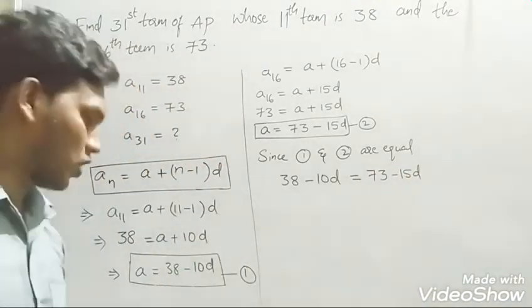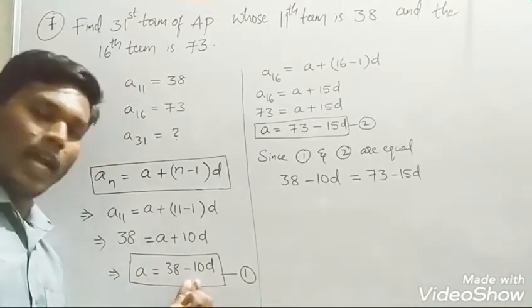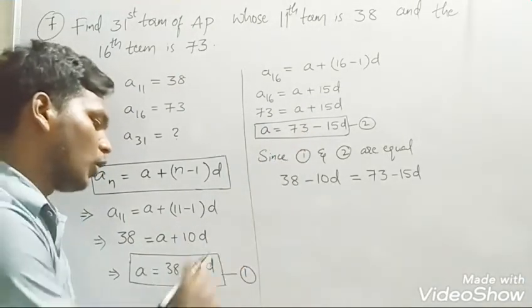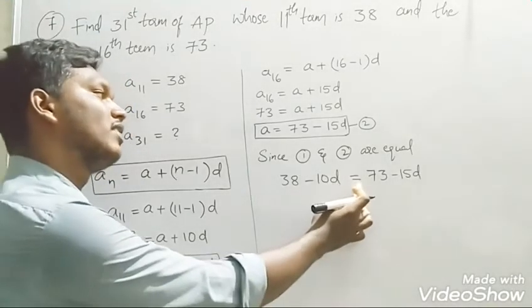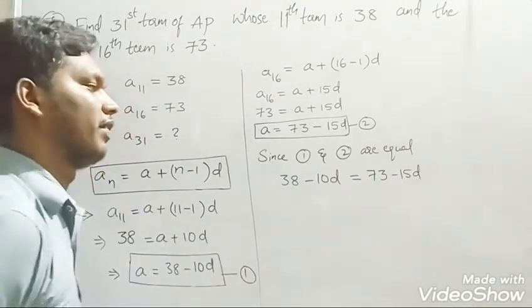Here it is a value and here also it is a value, so both are equal. That is the reason I have written 38 minus 10d is equal to 73 minus 15d.